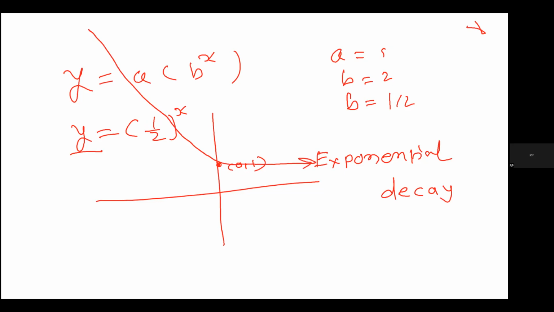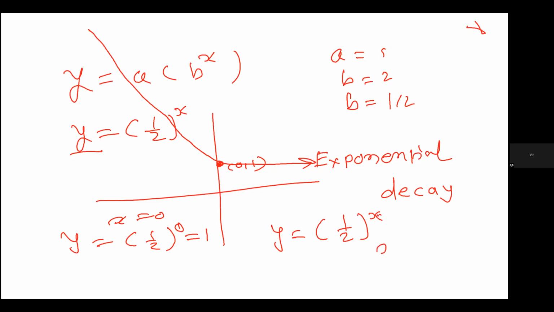This point will remain the same, because when x is equal to 0, y equals (1/2) to the power 0, which is 1. So this is the point (0, 1). But you can see that as x increases, when x is 10, this will be (1/2) to the power 10, which is a very small value. So as x approaches infinity, y approaches 0.